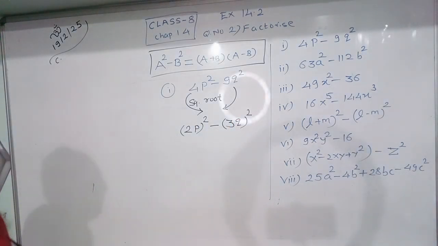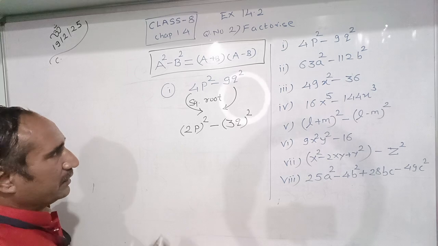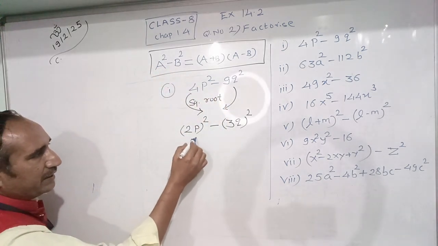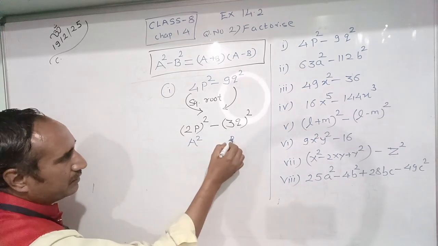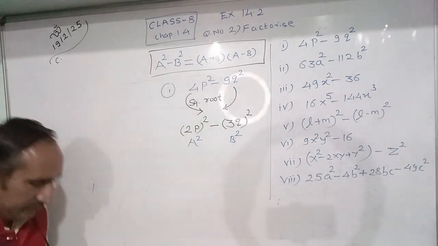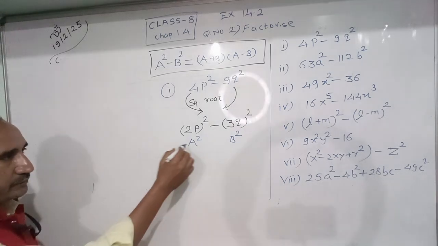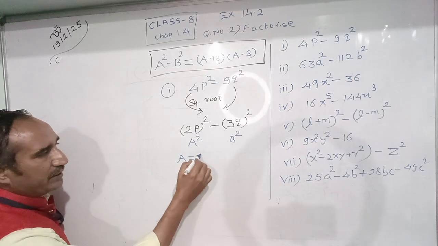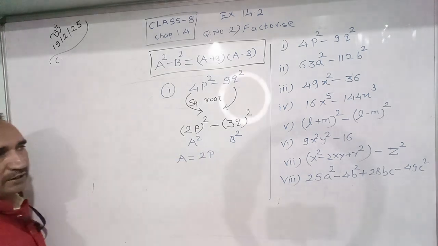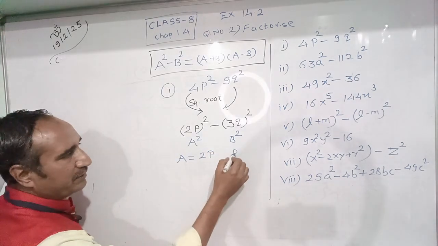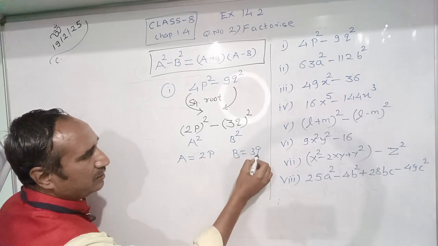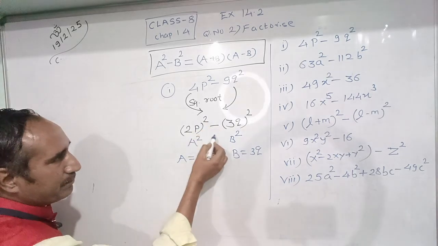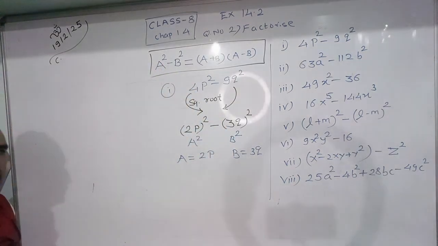We can see now this term is converted into this form, that is a square, and this term becomes b square. So what is the value of a now? The value of a is 2p. What is the value of b here? It is 3q. And one important thing, there should always be a minus sign.